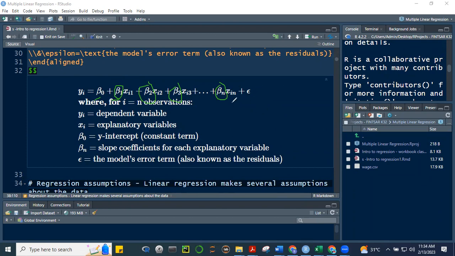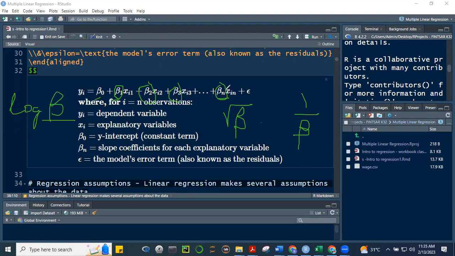Which means that you cannot use, for example, the square root of beta. You cannot use 1 over beta. You cannot use the log of beta. So that's what we mean by linearity of the parameters. These are the parameters, the beta 1, the beta 2, the beta sub n's.